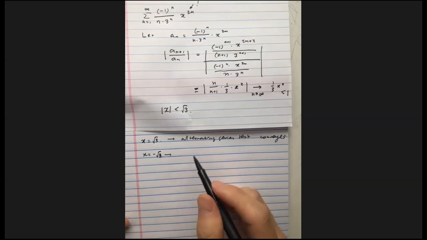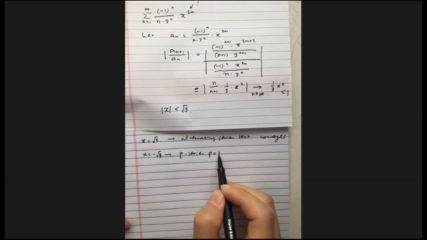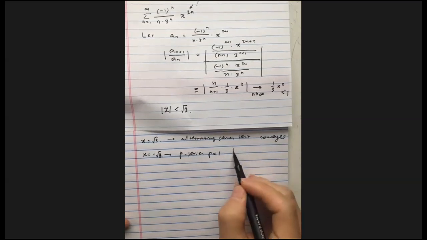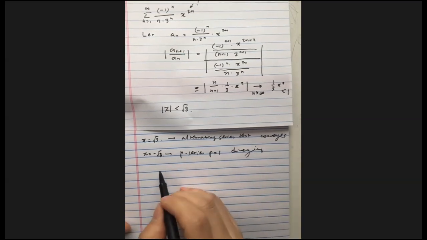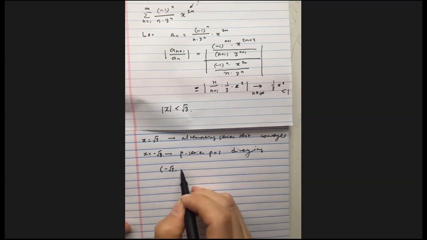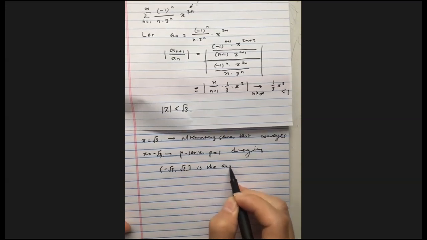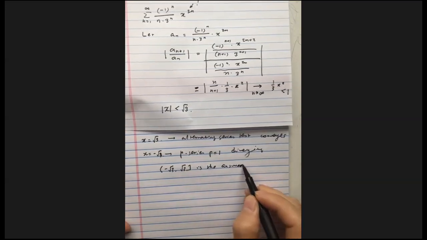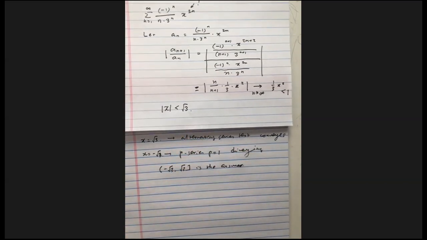But when x equals -√3, this is a p-series with p equals 1, that means it's diverging. So the interval of convergence is actually the following, is the answer. I just skip the details for testing the boundary points to you guys. It's quite standard and trivial, but I will let you guys finish from there.